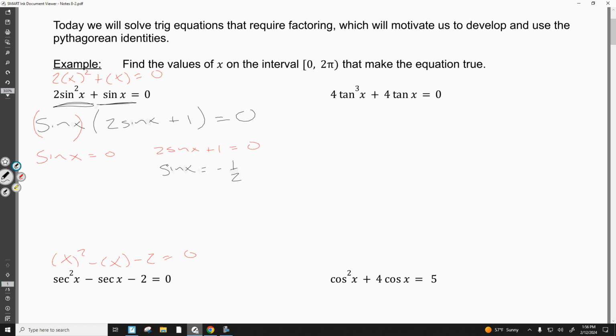And then we find all of our angles that would either solve this one or solve this one. What are all the angles when sine x equals 0 and sine x equals -0.5? Write them down and check with your neighbors.